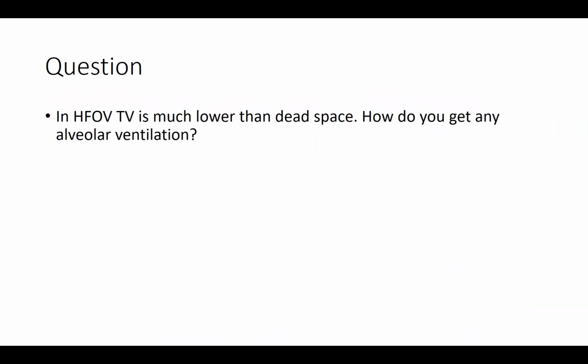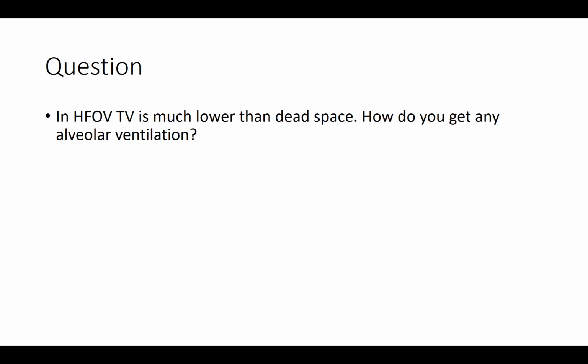So this is where I want to take a step back and ask a more fundamental question. With high frequency ventilation, normally a tidal volume in a healthy individual, let alone in a patient with ARDS with more dead space, the tidal volume we're talking about is a very small tidal volume and very high frequency.